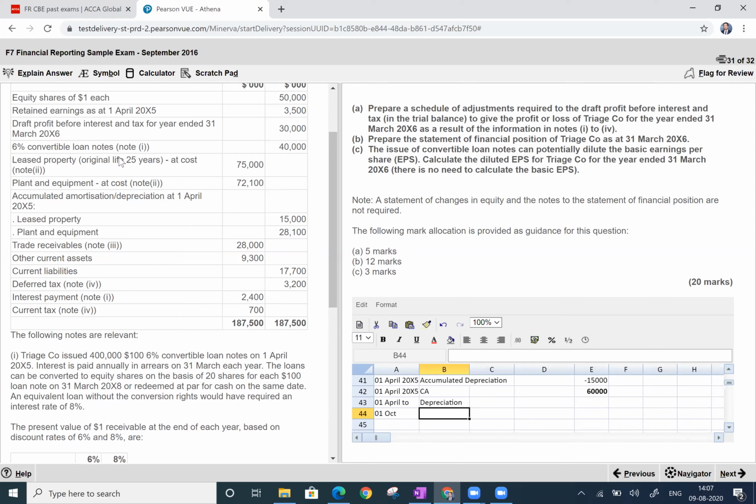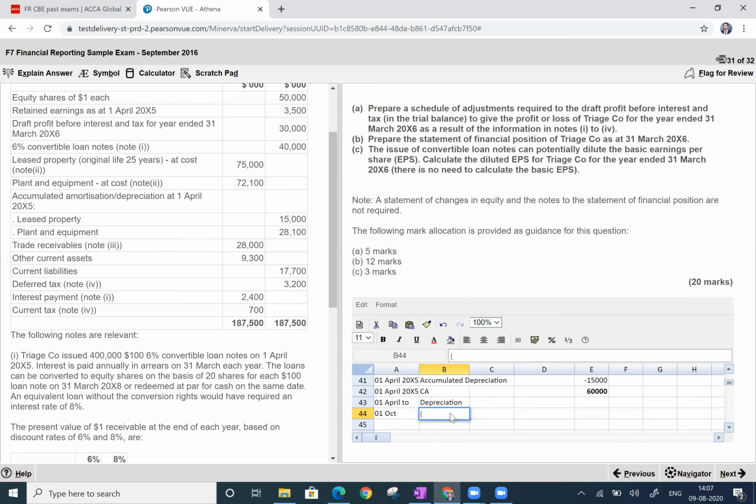The question very clearly states that the original life is 25 years. So you can calculate depreciation like this. Let me ask you a question. Is it 60,000 divided by 25 years multiplied by 6 by 12? Or is it 75,000 divided by 25 into 6 by 12?